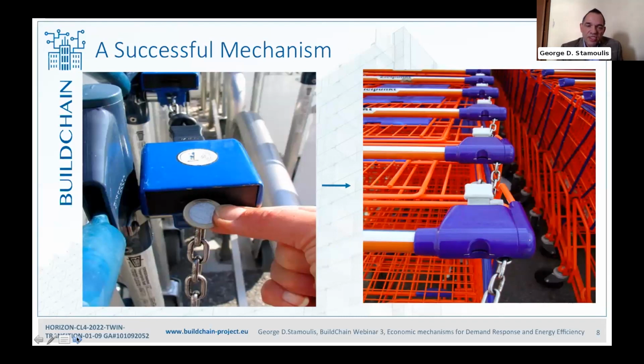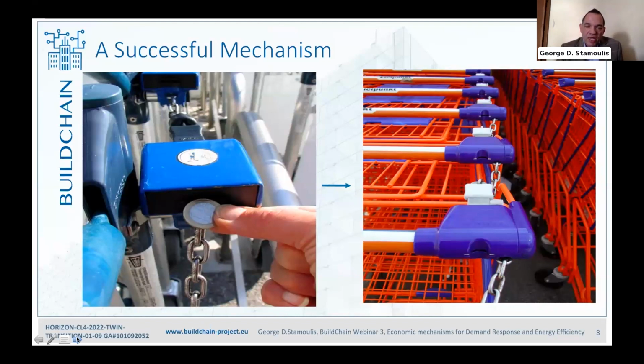And so this indeed is a win-win situation, and it is incentive compatible, as we also say in economics, because if I want to take my coin back, then I have to fetch the cart back to its original position. And so in this way, the problem, unquote, of managing the carts and putting them in the right position is solved in a distributed way.